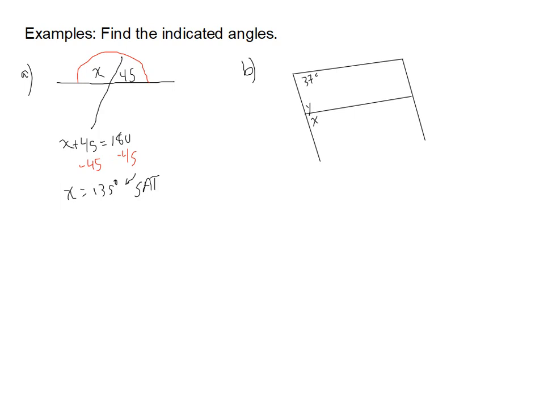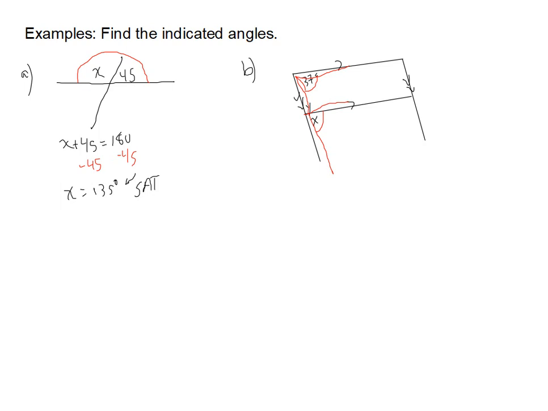Now I should mention these two lines are parallel, so I'll show that with the arrow. And these two lines going down here are parallel as well, so this one and this one. So indicate that those are parallel. It doesn't necessarily matter what order you do these in, but one of the things that I notice here is that if I were to draw an F, then I can see that I have some corresponding angles here.